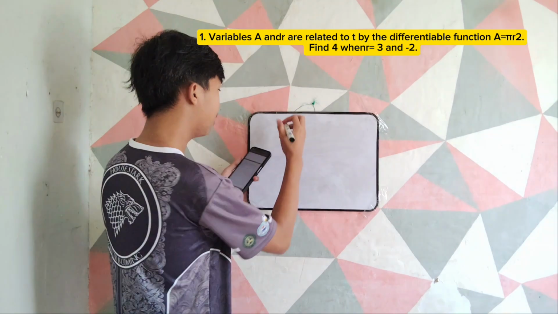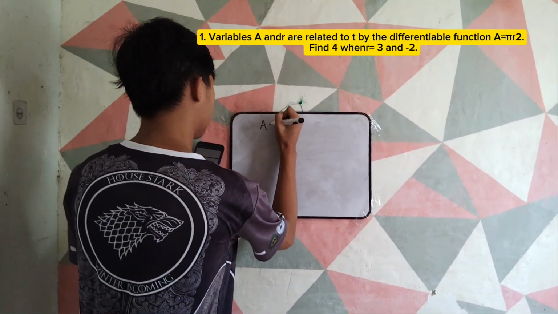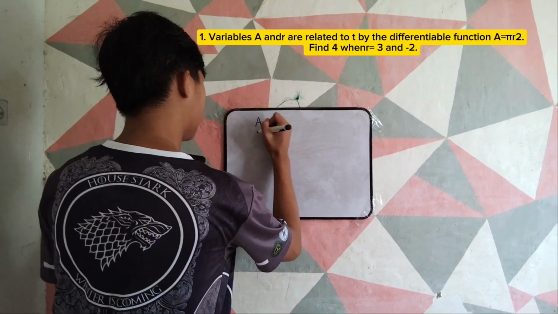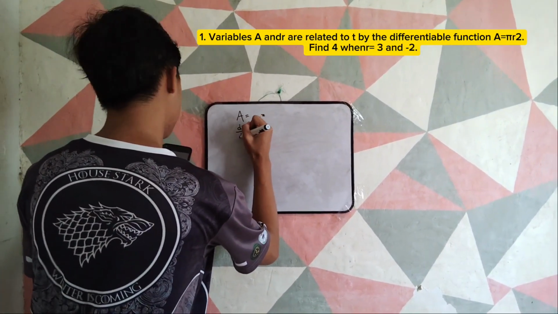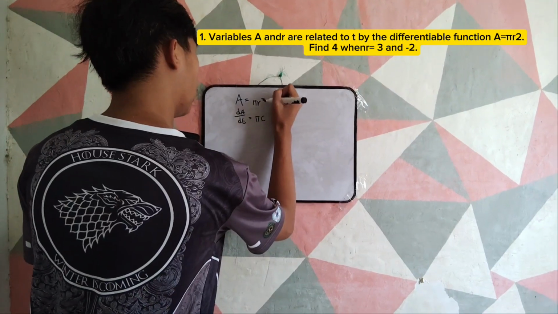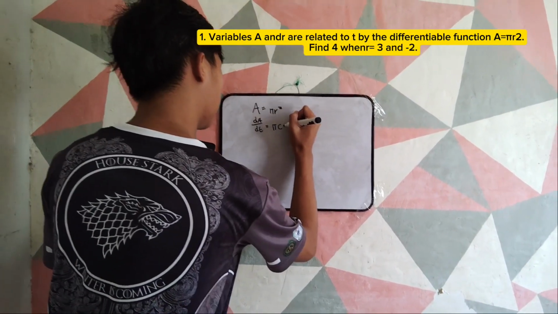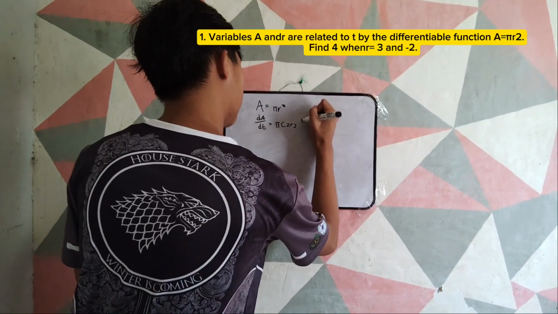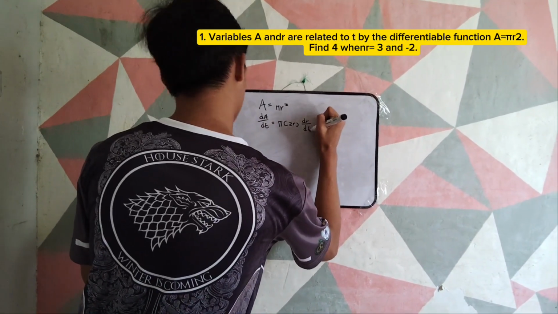So first we have the area of the circle, pi r squared. So dA over dt is equal to pi times, we differentiate the r squared, so we come up with 2r, then dr with respect to time.